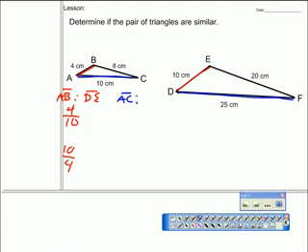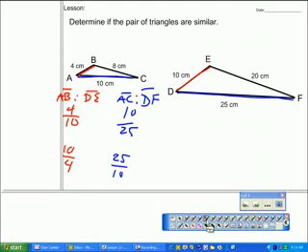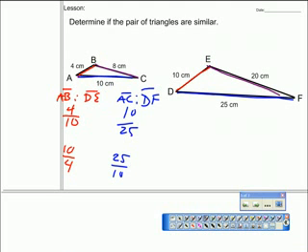DF. 10 over 25, or if I want to do the larger one, 25 over 10. And finally, BC has to correspond to EF, and that would be 8 over 20 or 20 over 8, depending on which one you use first.